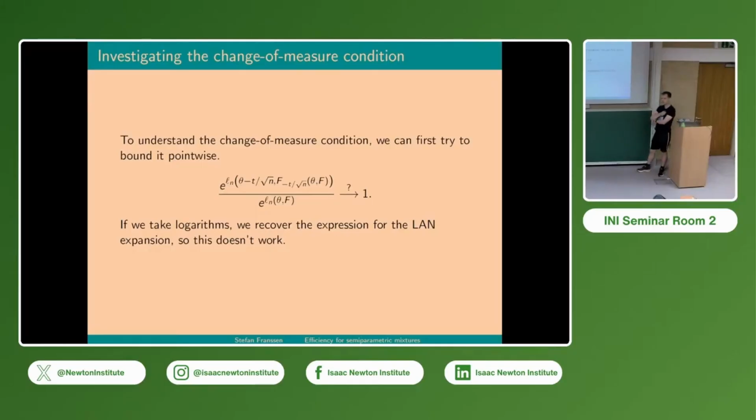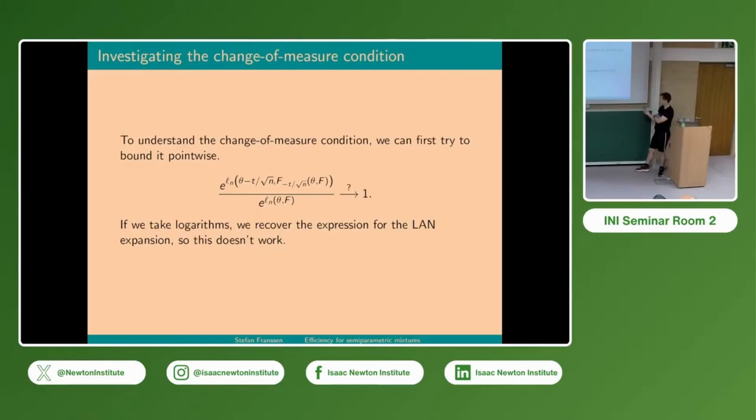So maybe we can sort of create a change of variables. That's the idea behind all these proofs. We want to prove that there's some change of variables going on in the background.